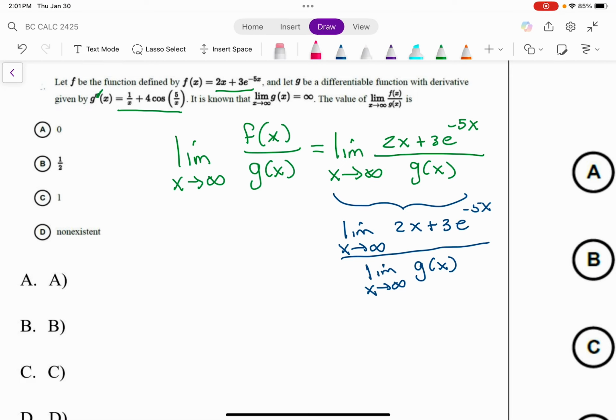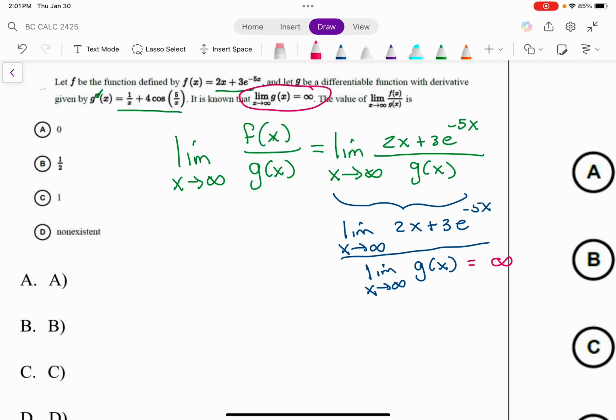And so now, we're just told this fact, and it's there for a reason. So this denominator is infinity, rather than 0. And if you look at the numerator, as x goes to infinity, the numerator also goes to infinity.